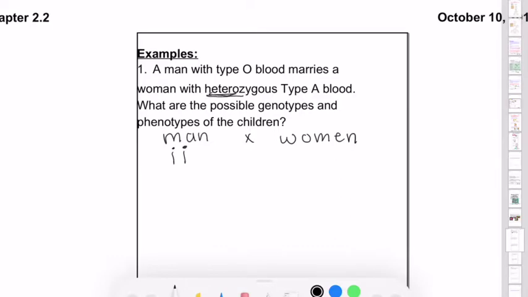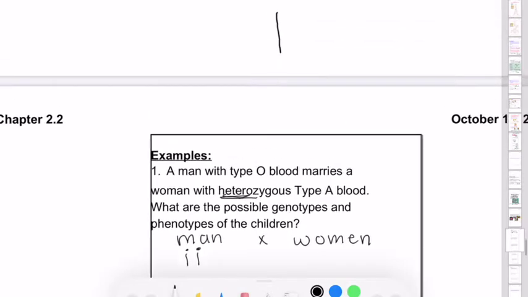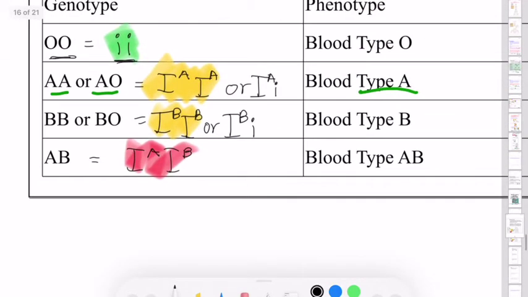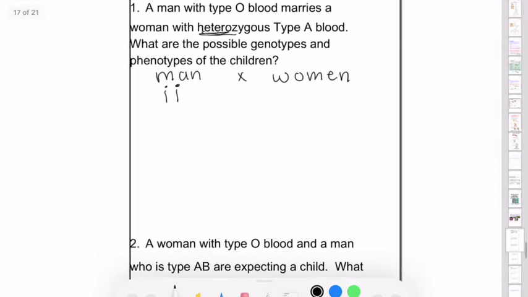Remember, hetero means different. So she's blood type A and she's got different alleles. So these ones are the same, these ones different. So that is what she would be: IAi. Okay. So what are the possible genotypes and phenotypes of the children?